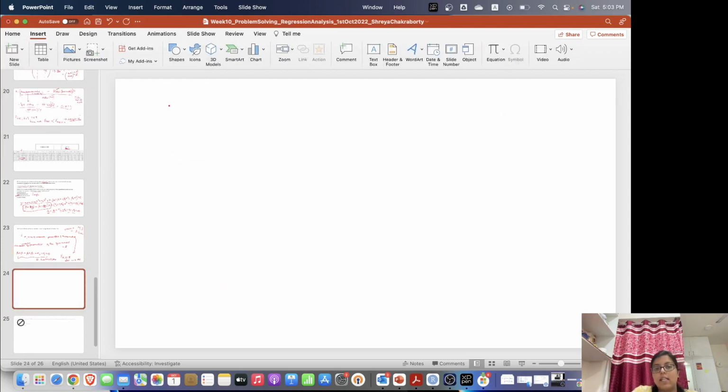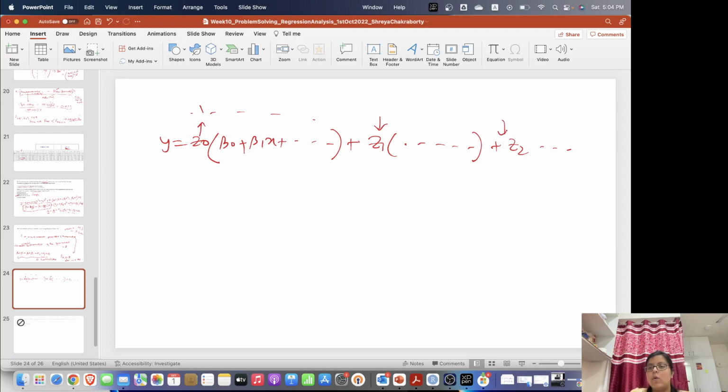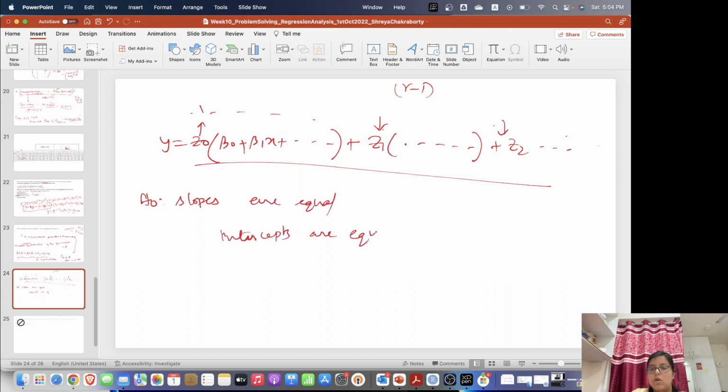If we are given data with some categories, we first write down beta naught plus beta 1 x plus whatever we have, plus z1, and z2, and the remaining depends on the number of blocks that we have. So we will have r minus 1 dummies here. First we fit this, and then we carry out appropriate tests of whether the slopes are equal, or the intercepts are equal, or the curvatures are equal, and so on.